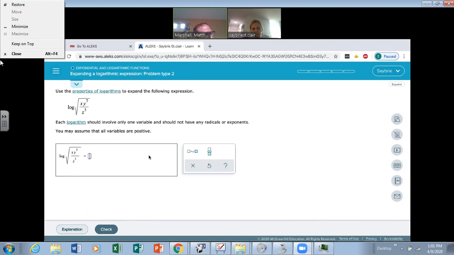Alright, so this log square root x y to the 7th over z to the 3rd. That is the same as, ooh man, I should take a picture of that last one there.